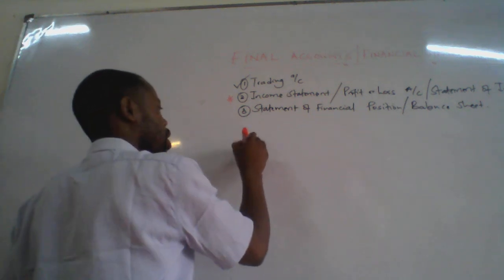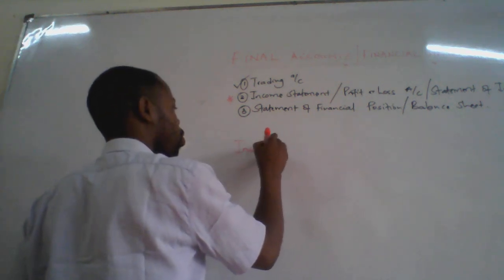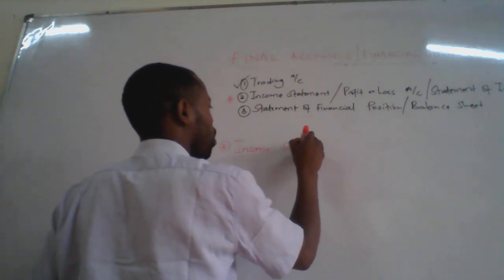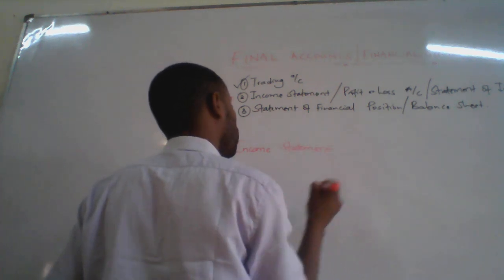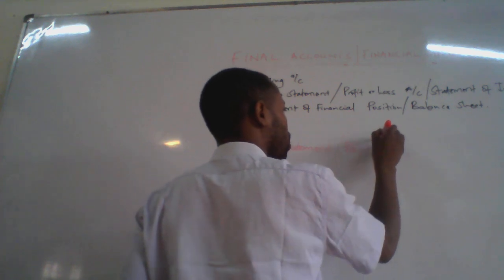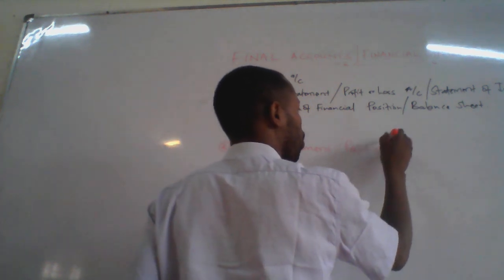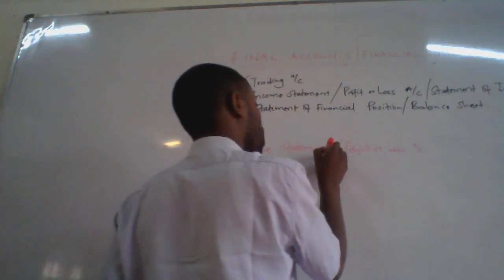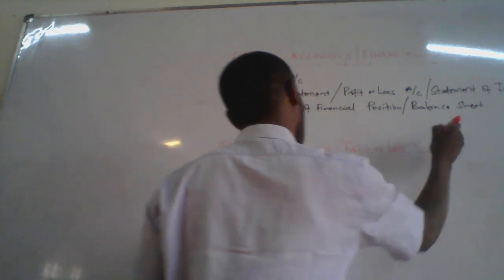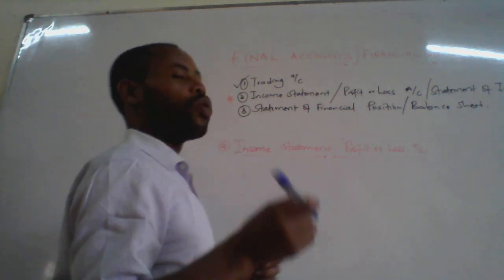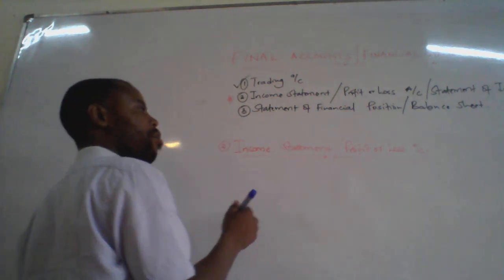We are now on number 2, the income statement, which can also be called the profit or loss account. This is what you are going to determine from the income statement.